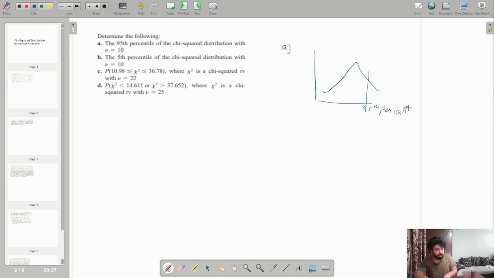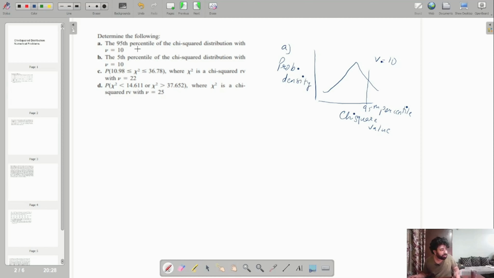So the area to right of it will be 5%, and I will have some chi-square value here which I need to actually find out from the table, given that the degree of freedom in this case will be 10, and here I will have the probability density.